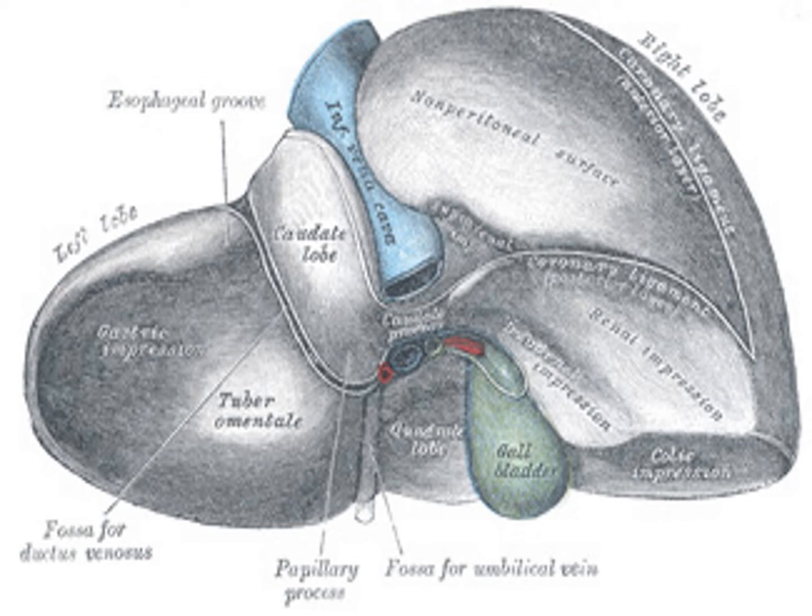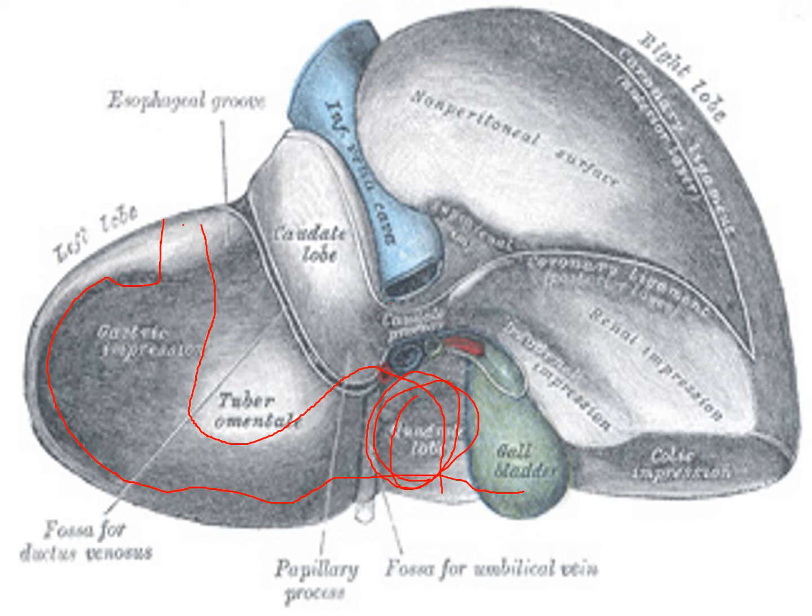Now what we have to understand is the relation of the quadrate lobe. I told you in the previous session also, this is the stomach which is coming like this, and this is the esophageal part. So you can see here, in relation to this quadrate lobe, we can have the pylorus of the stomach. Point number 1. Point number 2, we can also have the first part of the duodenum and the lesser omentum.